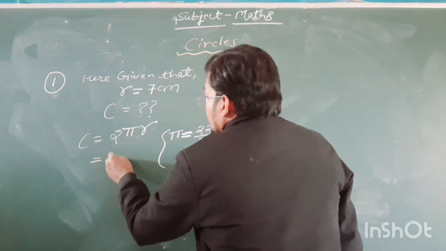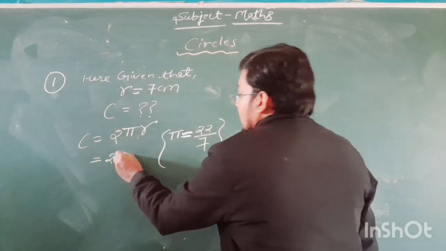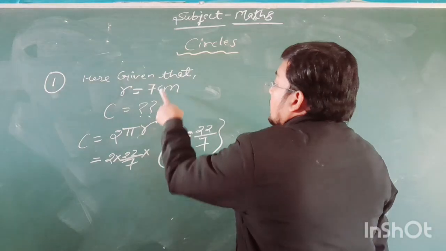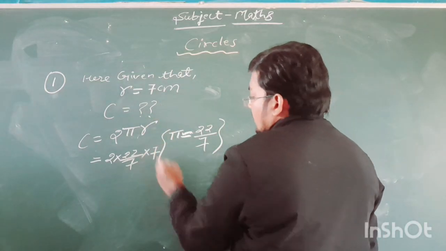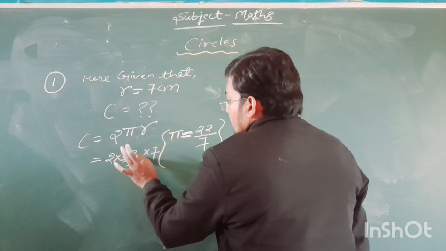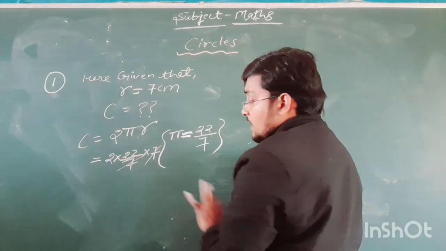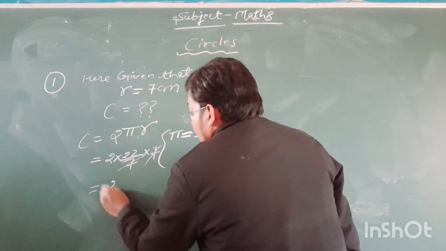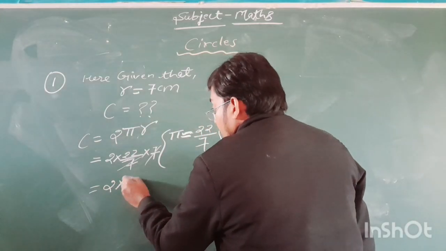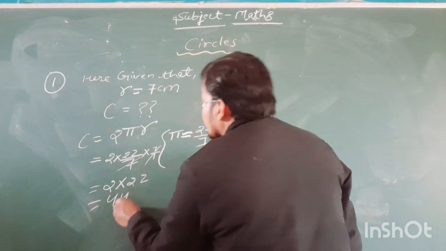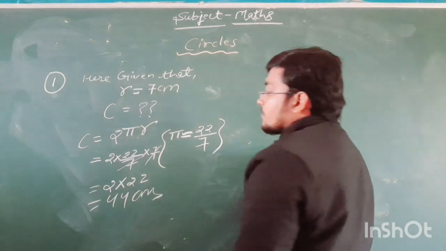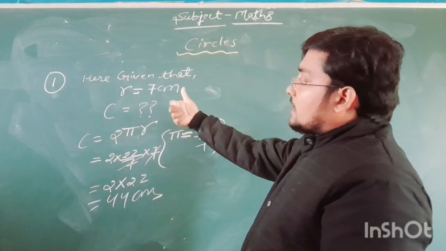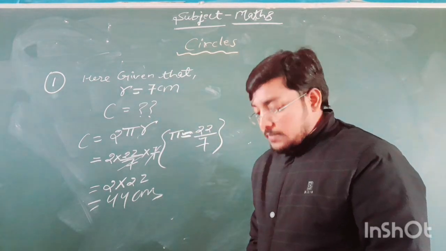So 2 into 22 by 7 into R, which is given as 7. Here we simplify 7 and 7, and we get 2 into 22, which is 44 centimeter. 44 centimeter is the circumference of the circle whose radius is 7 centimeter.